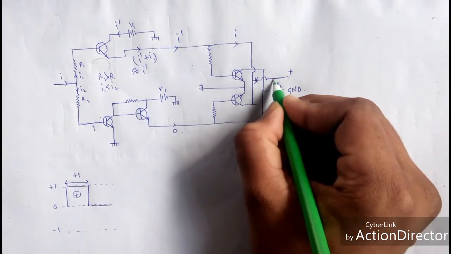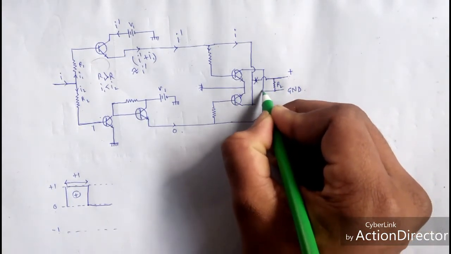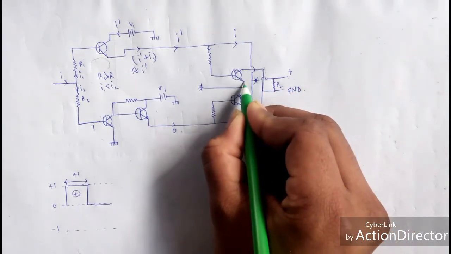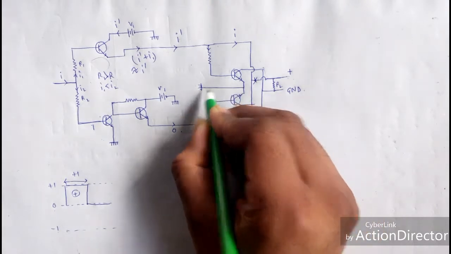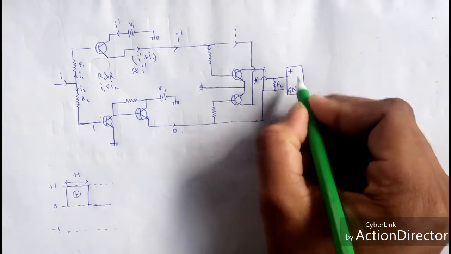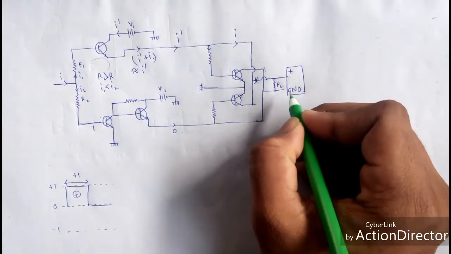So following this path, the current will go from here and through this, as the transistor is on, through this it will be grounded. So in first half we can get this is plus and this is ground.